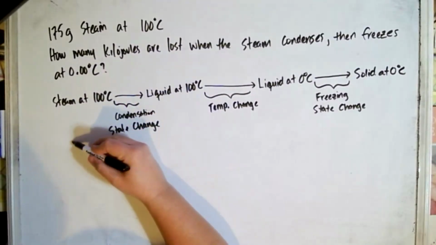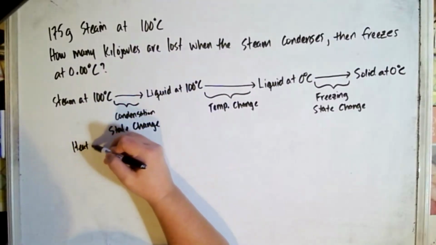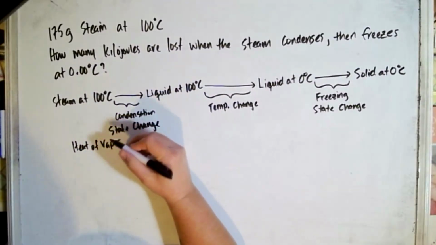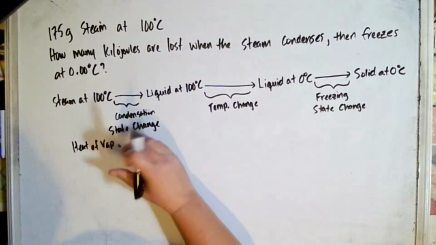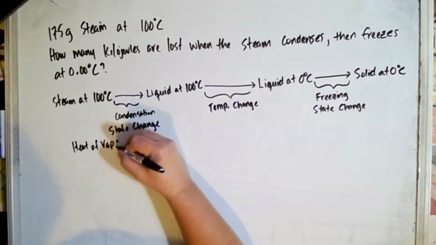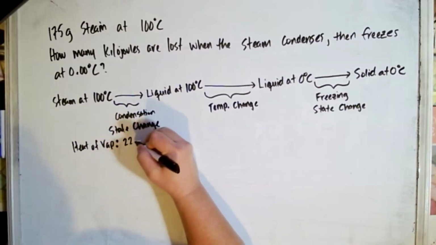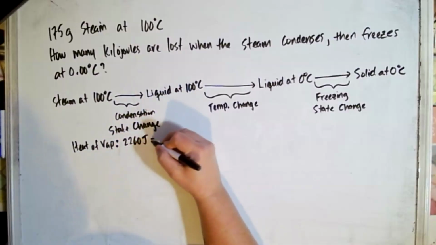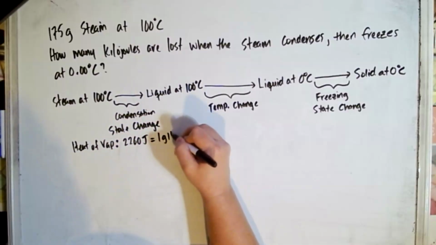So our heat of vaporization is going to be 2260 joules of heat is going to be equal to 1 gram of H2O.